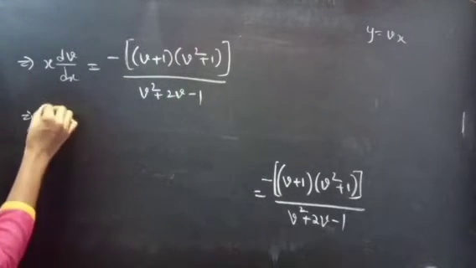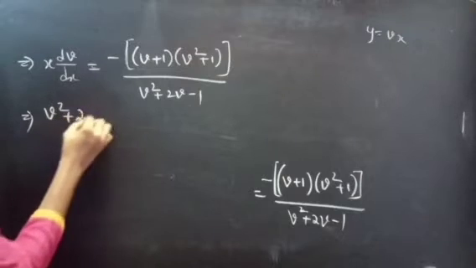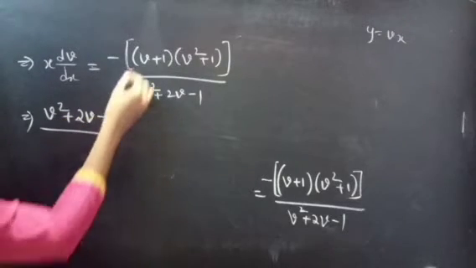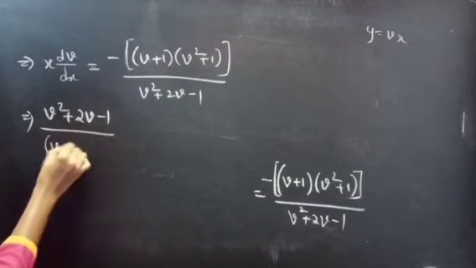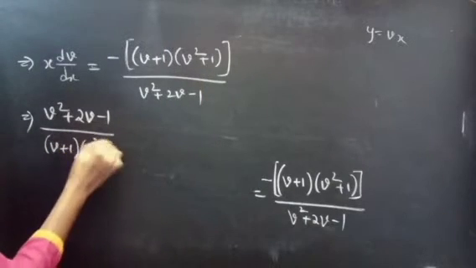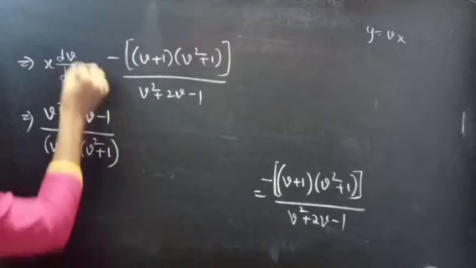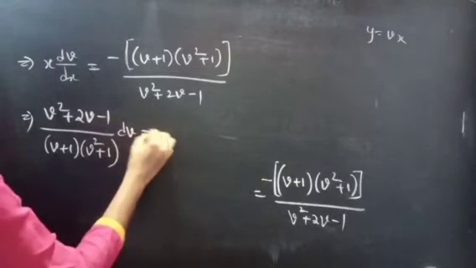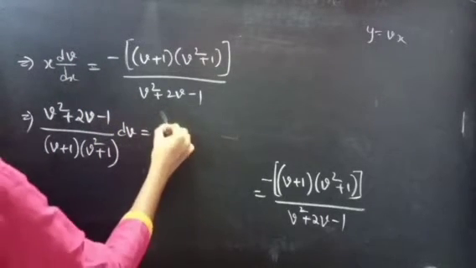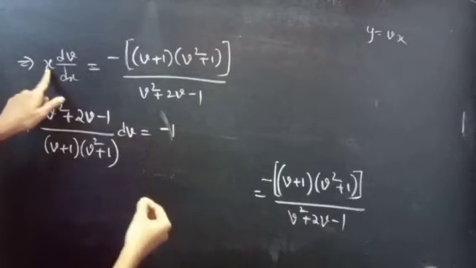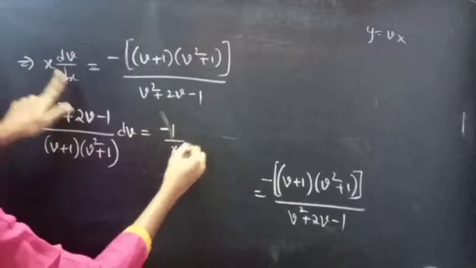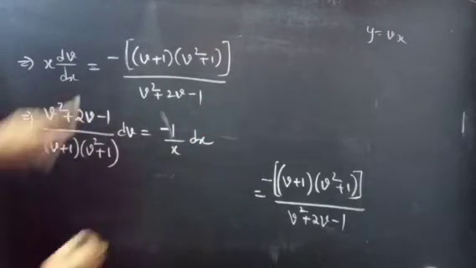Then we'll get v square plus 2v minus 1 by terms under square brackets v plus 1 into v square plus 1 into dv equals to minus, here you'll have minus 1, right? So you'll get minus 1 by x into dx.